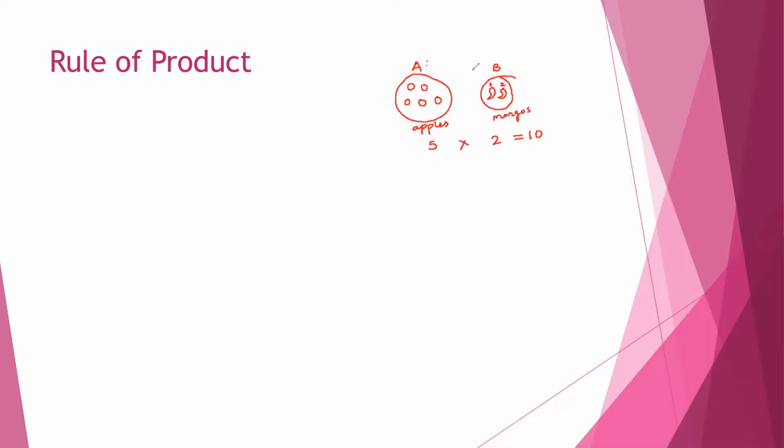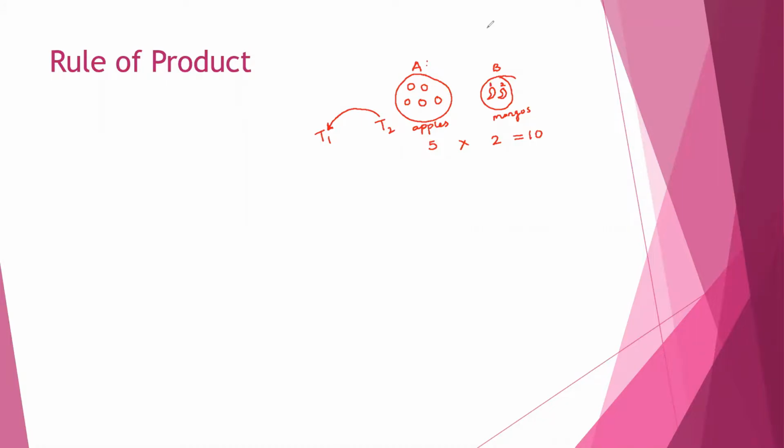Again, using this, I can take 5 apples. So total 10. Means if there is task T1 and another task T2 which is dependent on T1, simultaneously chosen, in that case we are going to multiply.